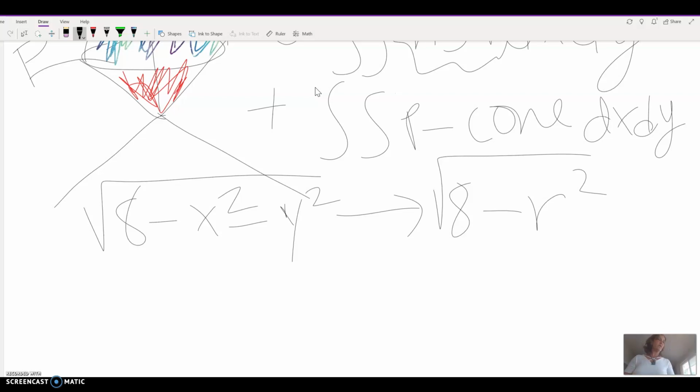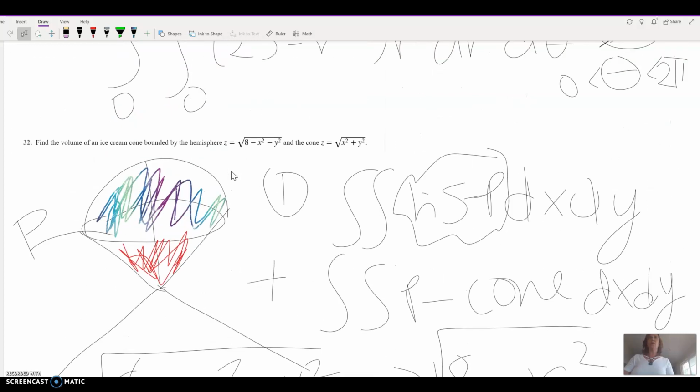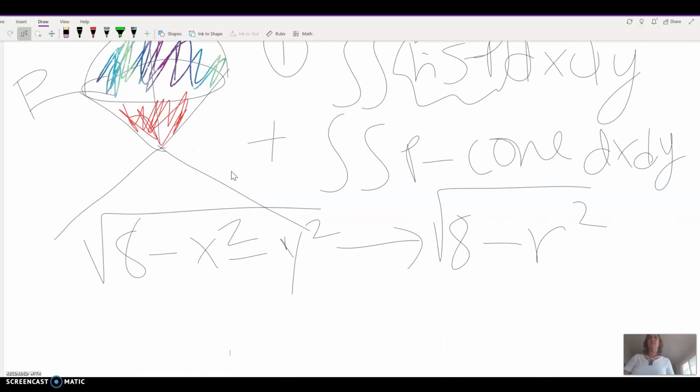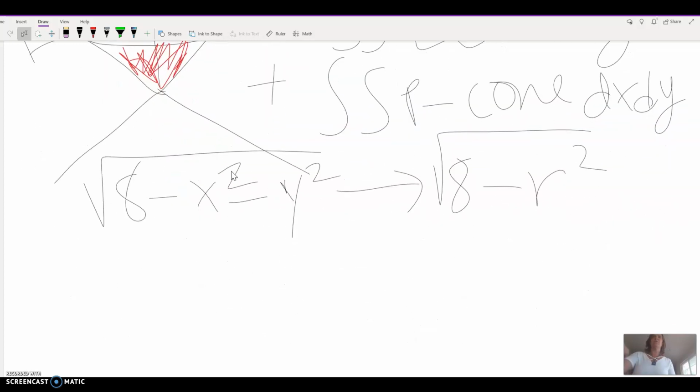And then in the other one, the cone, right? So our cone here was the square root of x squared plus y squared is equal to z, right? So now I'm going to get my cone being the square root of x squared plus y squared, which becomes the square root of r squared, which is actually just r, right?